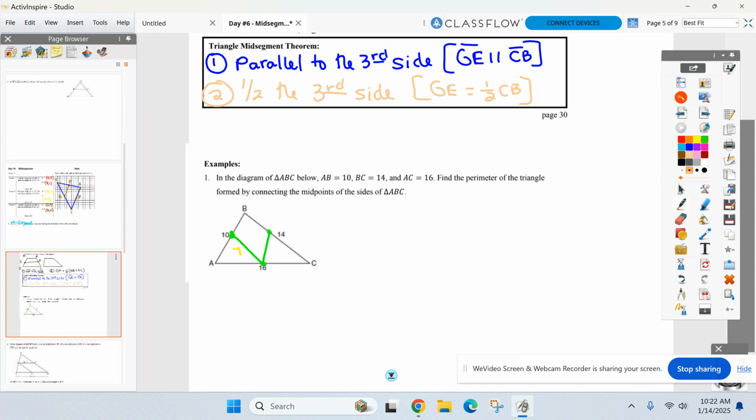Midpoint of AC to BC. What's going to be that length now? What's its third side? 10, half of 10, 5. And the final midsegment, connecting AB to BC, is going to have a length of 8.